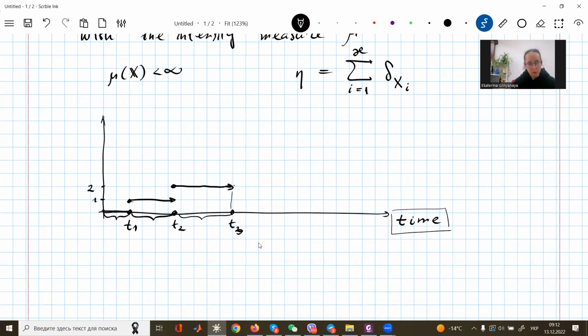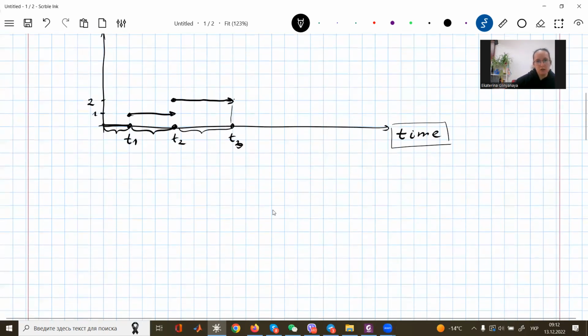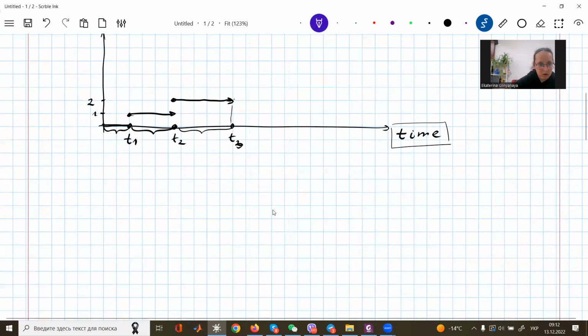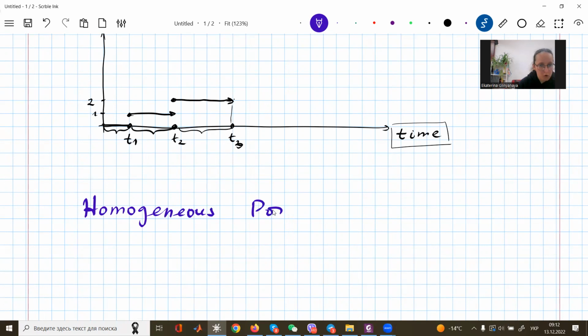And we will start with the so-called homogeneous Poisson process, a very simple class of Poisson point processes.